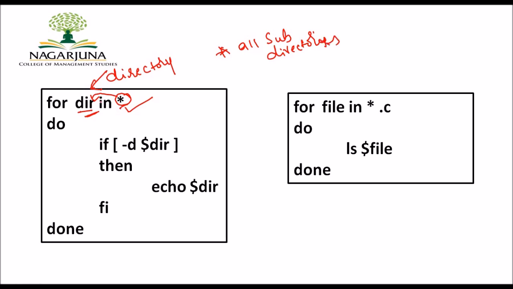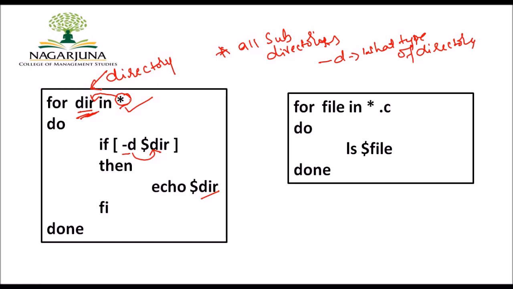So now what we do is we check whether a subdirectory exists in our dir. Now we make use of the if statement, and -d checks what type of a directory it is. So if the directory exists, then we are going to return the name of that subdirectory which is present in dir.